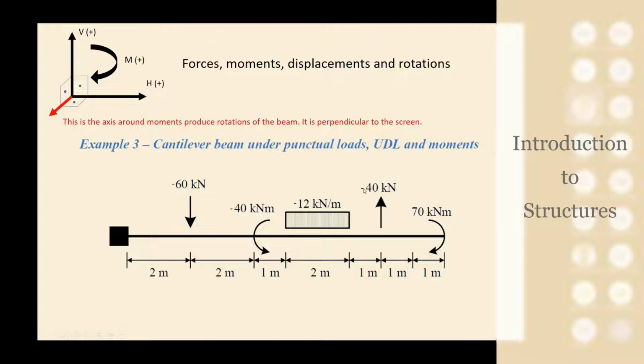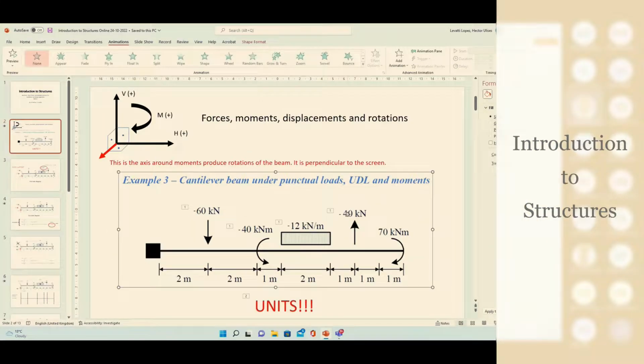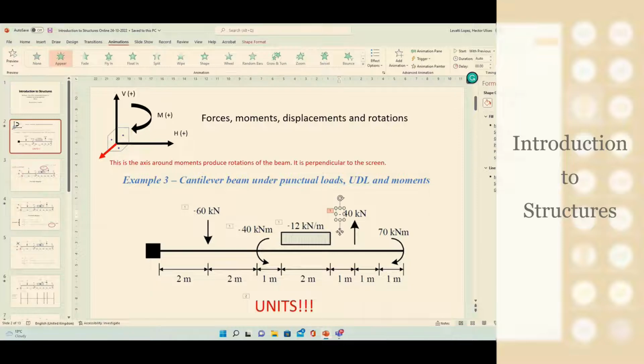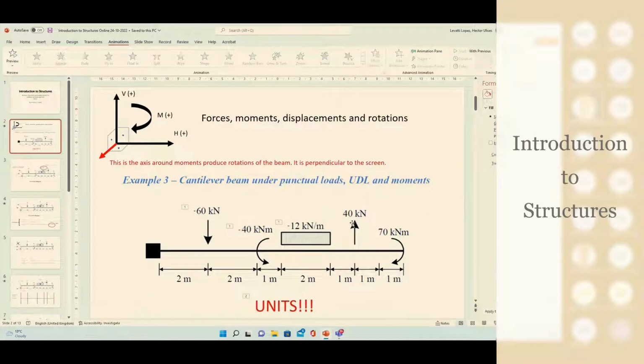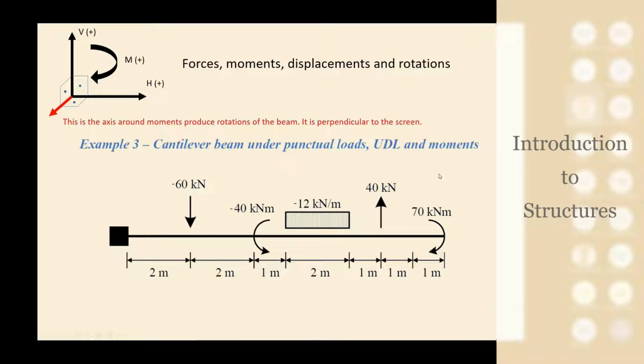And there is a mistake here because this is not negative, this is positive. 40 kilonewton is positive because it's going up. 70 kilonewton meter is positive as well because it's clockwise. So I will correct this one because this is incorrect. Now everything is correct, with the signs and the directions shown with the arrows.